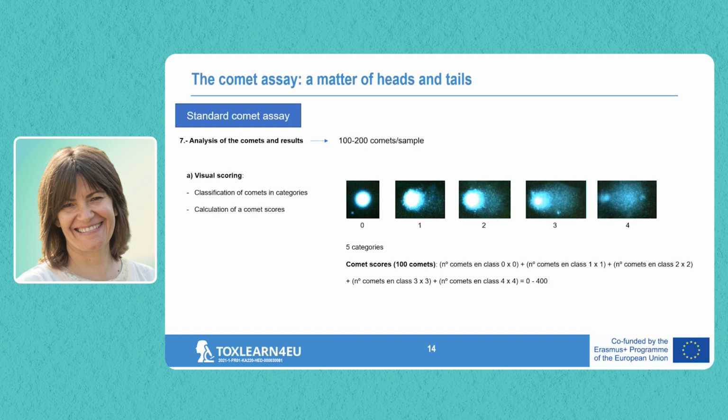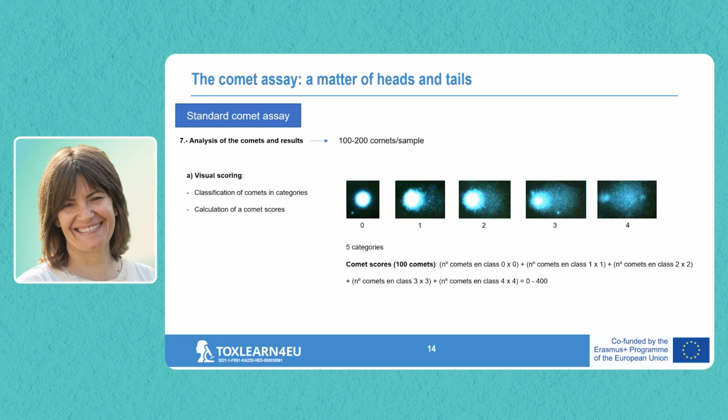Here is an example of 5 categories. We classify the comets that we see in our sample in class 0 when it doesn't have any tail. Class 1 has a small tail. Class 2 has a bigger tail. Class 3 has a longer tail, and the tail is a bit wider.